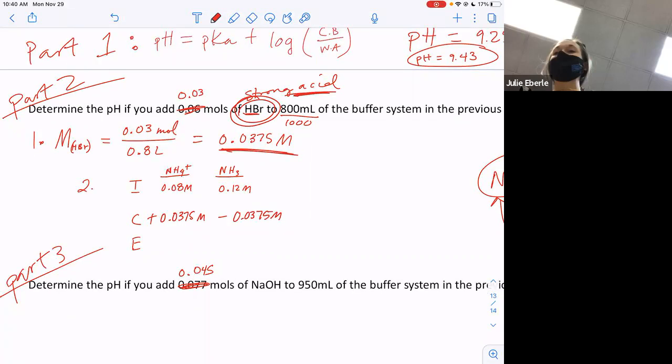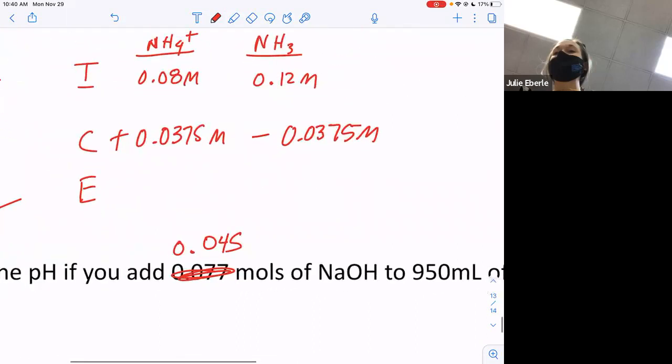Then we recalculate. So 0.08 plus 0.0375 is 0.1175. Is that what you said, Lucas?